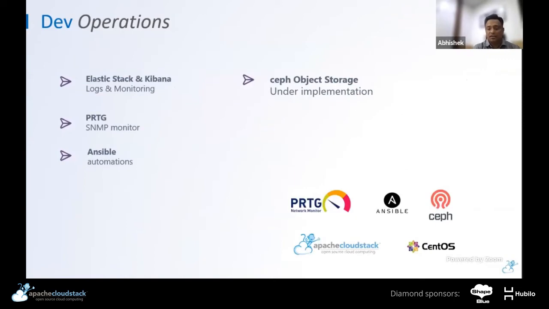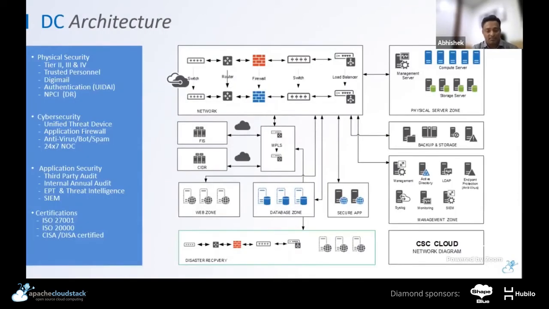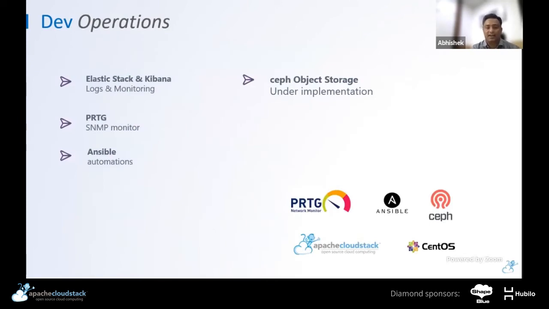And then we have a pool of other tools that we use. For DevOps, we have Elastic Stack and Kibana for log monitoring, and Logstash as well. We have a small implementation of Logstash for log analysis. And then we have PRTG for infrastructure management monitoring. We also use Ansible for the automation part, and Ceph as the primary storage.